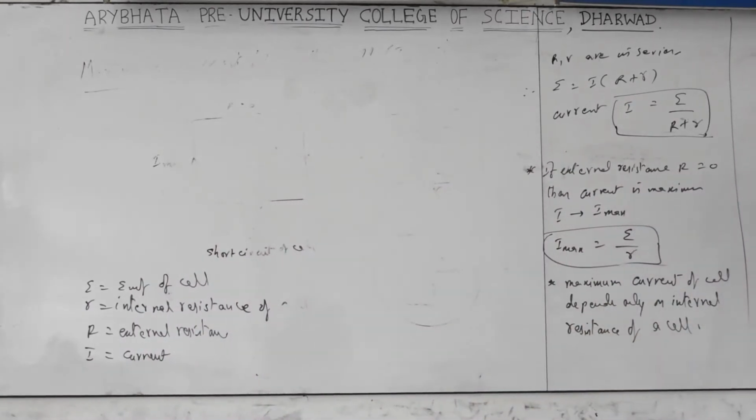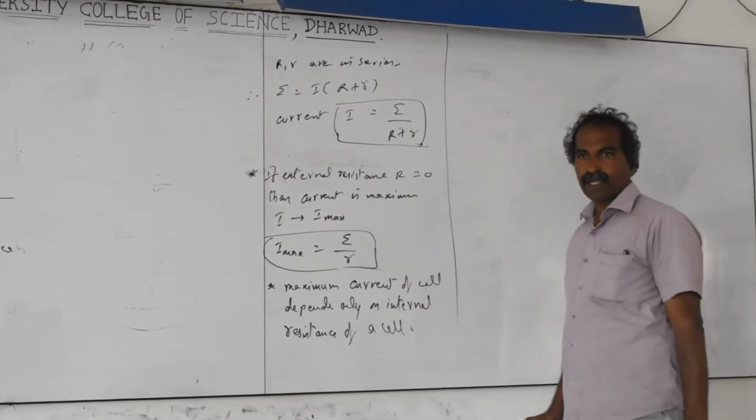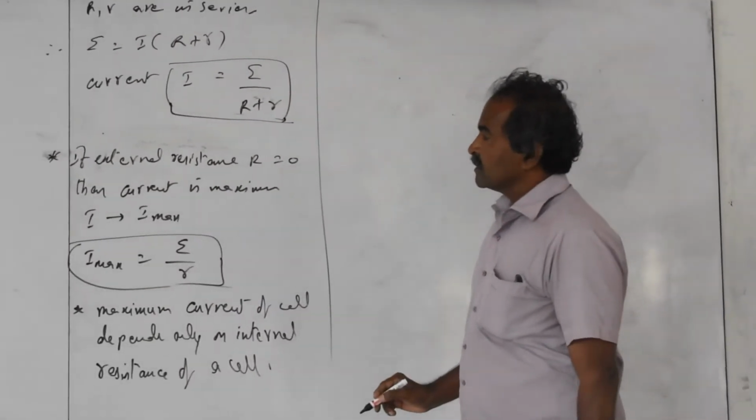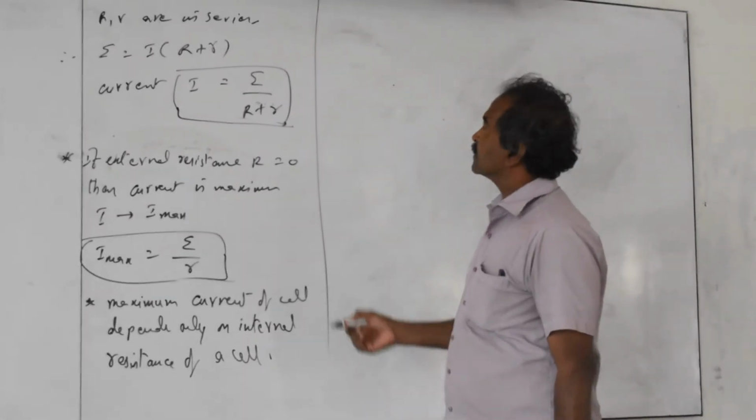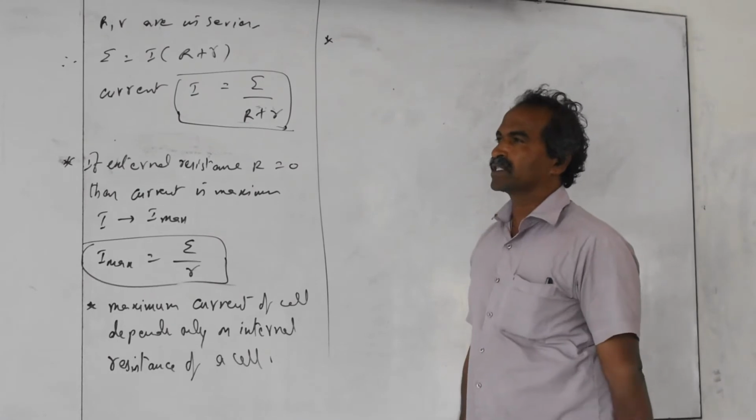This maximum current depends only on the internal resistance of a cell. For an ideal cell, internal resistance is 0, but practically there is no ideal cell. We have discussed that already.